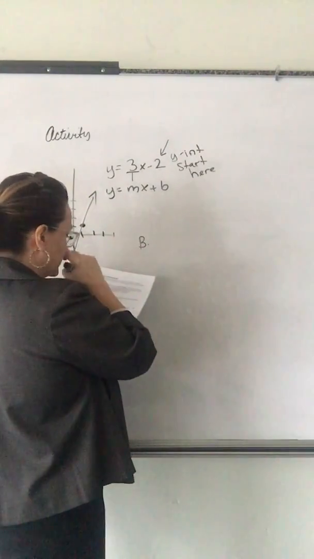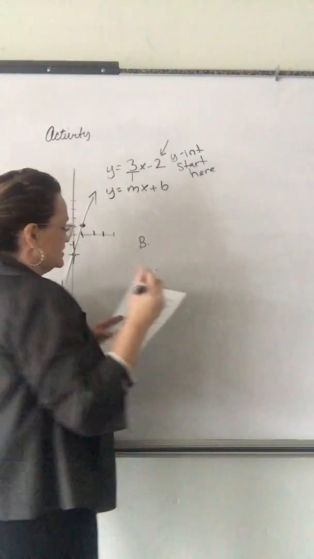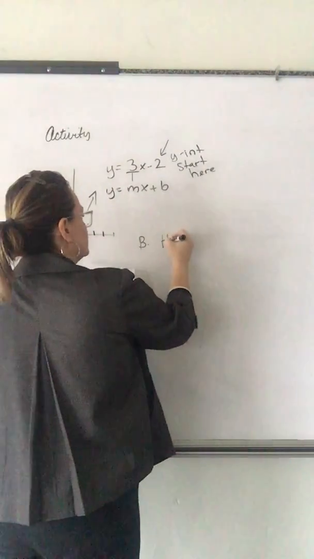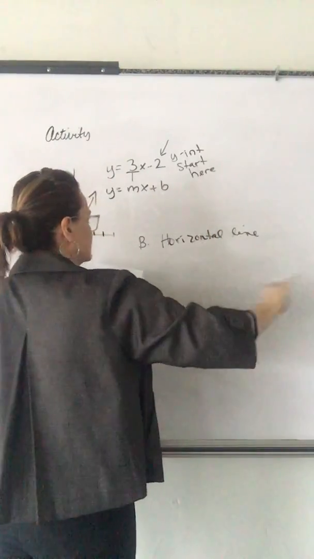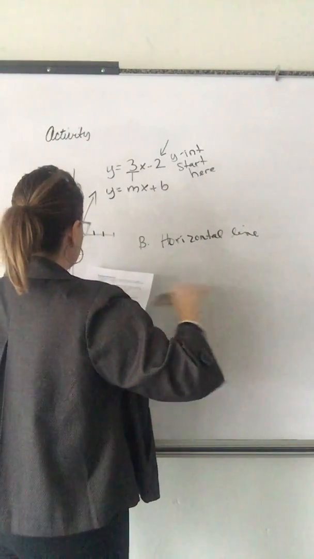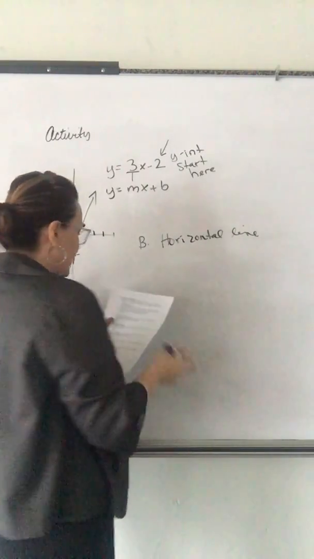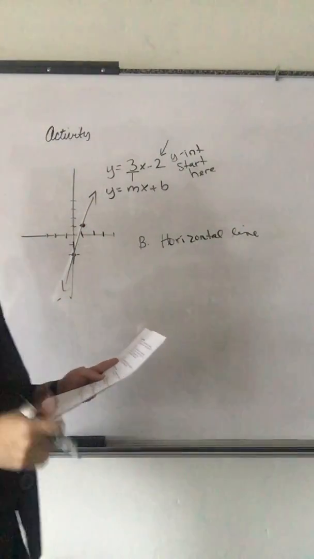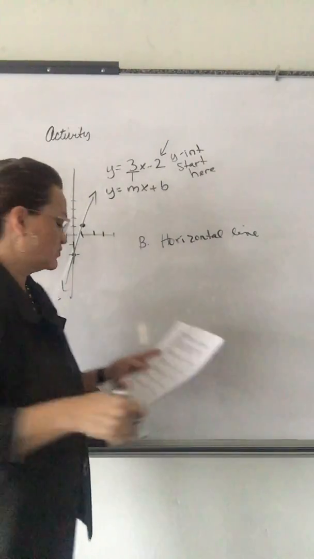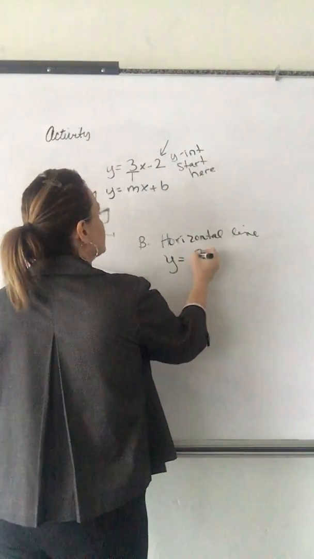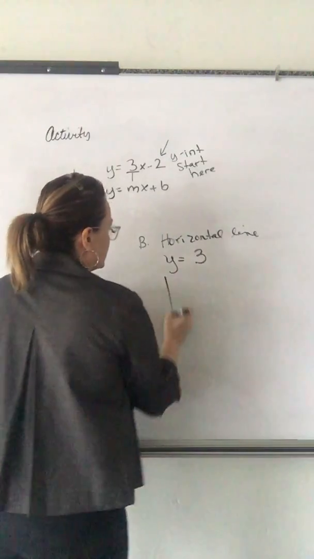Then the other two, the horizontal and vertical lines. So B part, horizontal lines, they have a slope of 0, they're flat, they go left and right. Flat lines happen whenever the x has a coefficient of 0. If you don't have an x variable, you just have like y equals some constant, y equals 3.